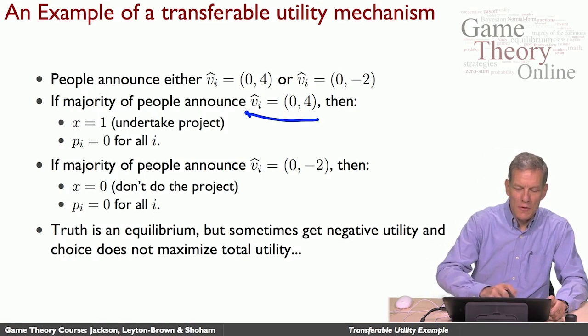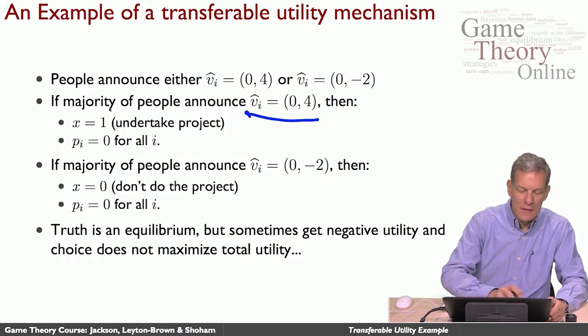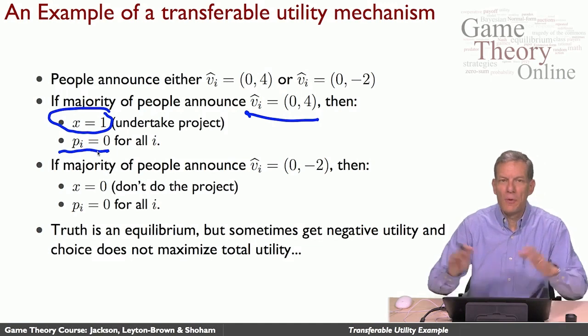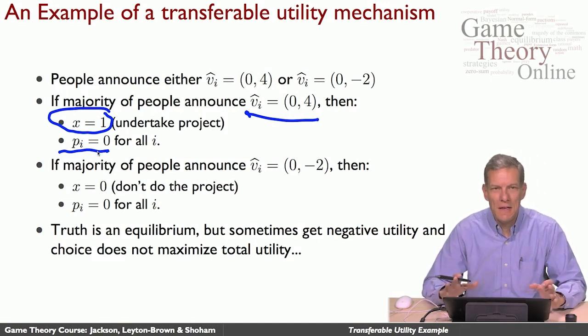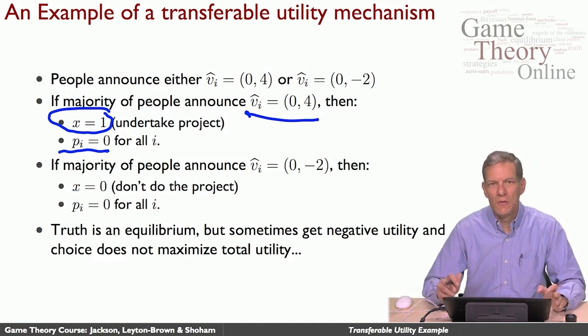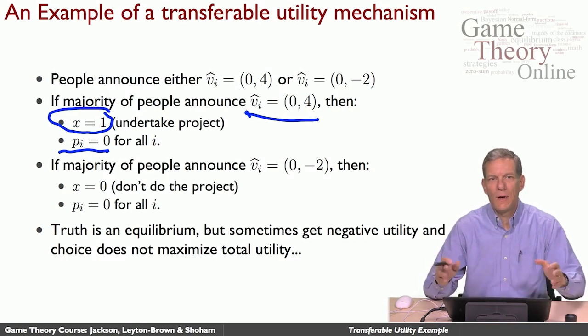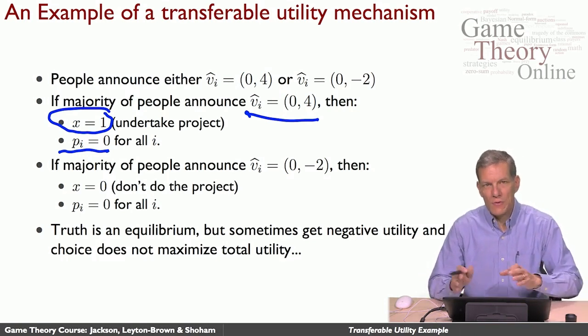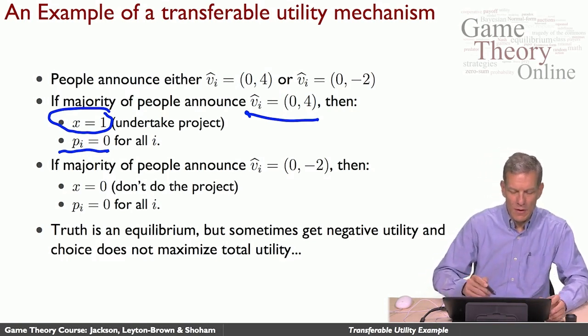So in terms of our notation of a mechanism, if a majority of people announce the (0, 4) types, then x, the outcome, is going to be 1. You undertake the project. And if we're not doing any compensation, then everybody gets a p_i of 0. So basically, we just go ahead, we undertake the project, and there are no transfers or subsidies back and forth between individuals.